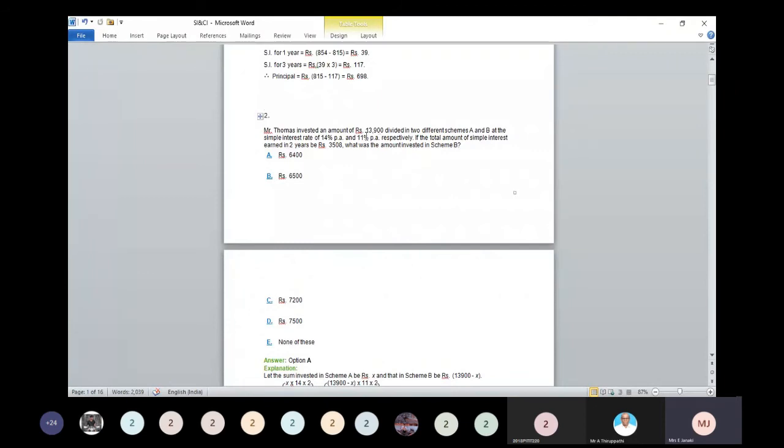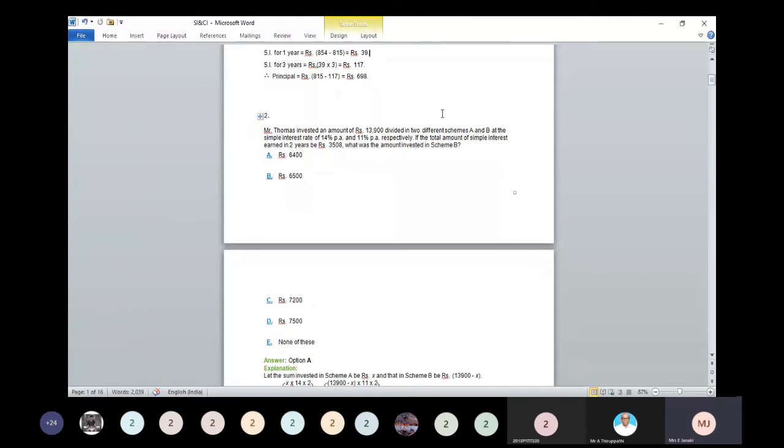So the total amount you are having is 13,900. Initially you have 13,900 amount, right? So you have to invest this amount in two different schemes, capital A and B, at different rates of interest.